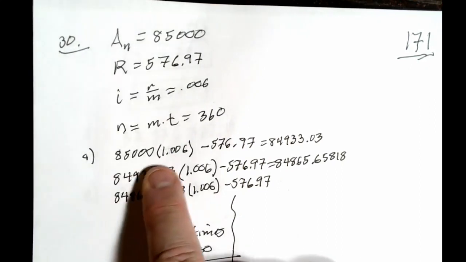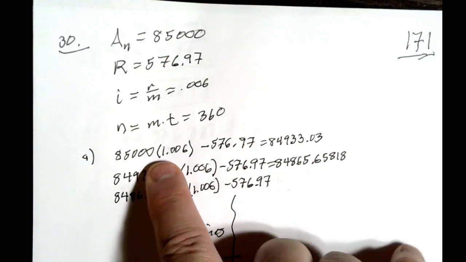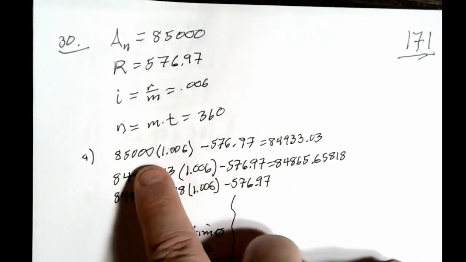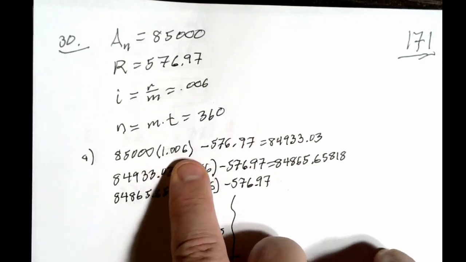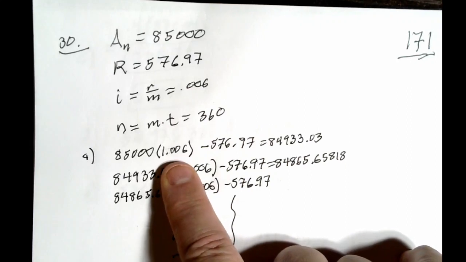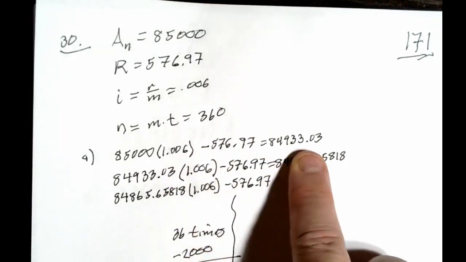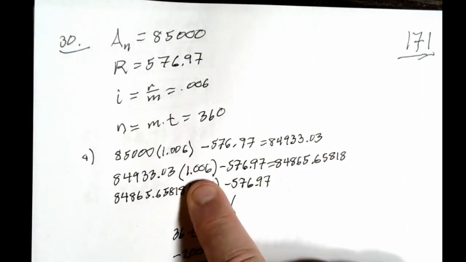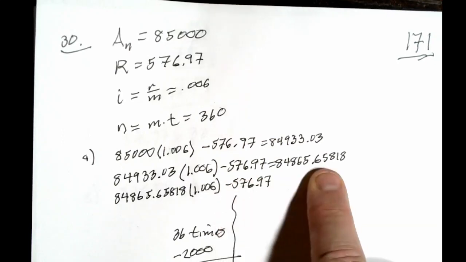So you take the $85,000, multiply it by 0.006, and you get the interest. But when you multiply it by 1.006, you get the original amount plus the interest. That's how much accrues at the very first month. You subtract the payment, and you get this guy. Then you do it with that guy times 1.006, and you subtract another payment. You get this guy.